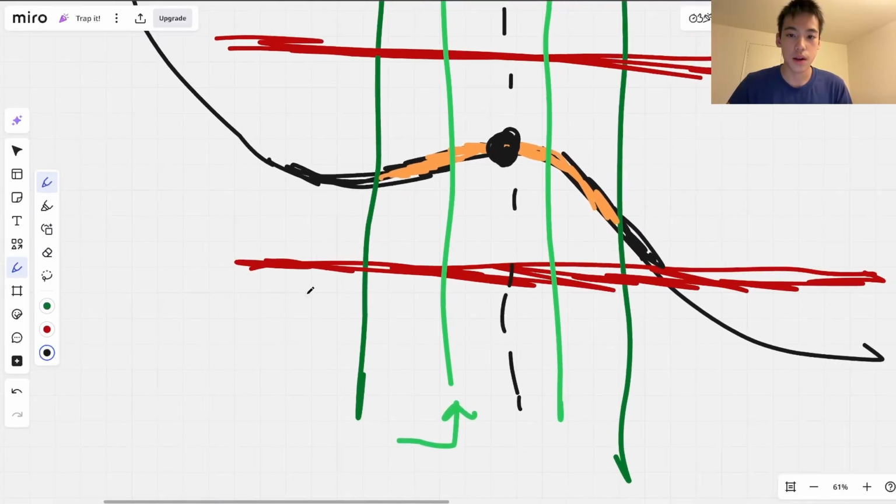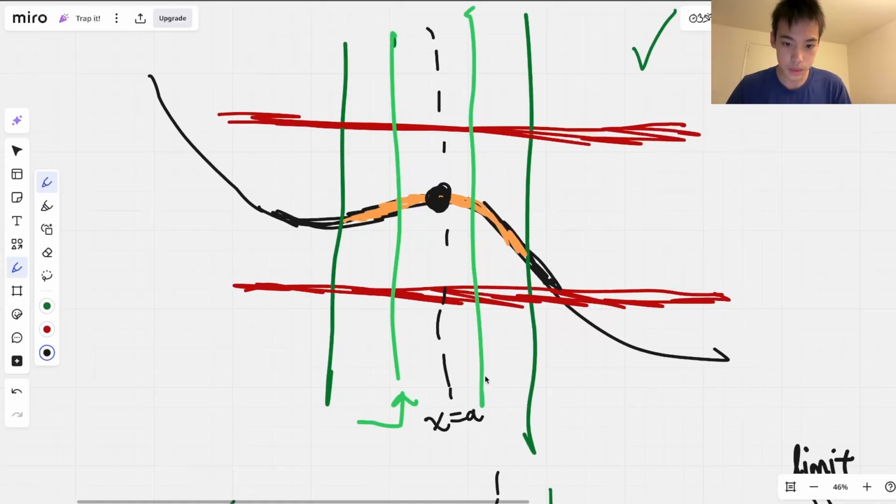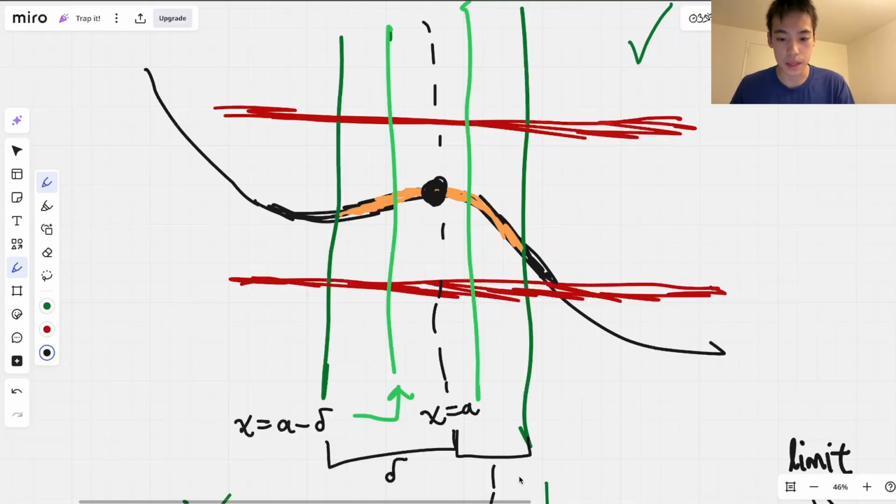I'm going to use the first example that we covered as an example for this definition, just to make everything clear. So x equals a is where we're trying to approach, and the left vertical line is going to be x equals a minus delta. We can say that this width over here is delta, and this width over here is delta.